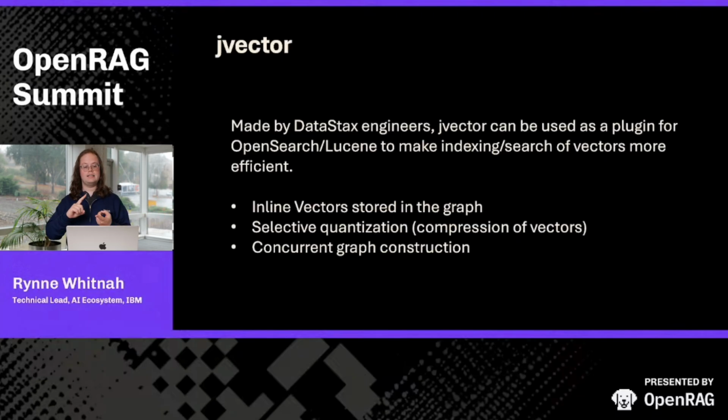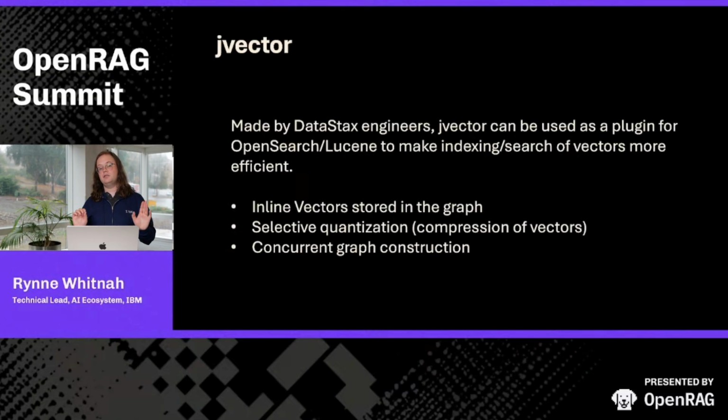It has inline vectors stored in the graph, so it can find those very quickly. It can compress those vectors using selective quantization. And across multiple nodes in the cluster, it can do concurrent graph construction to combine those together into an effective queryable graph in real time.